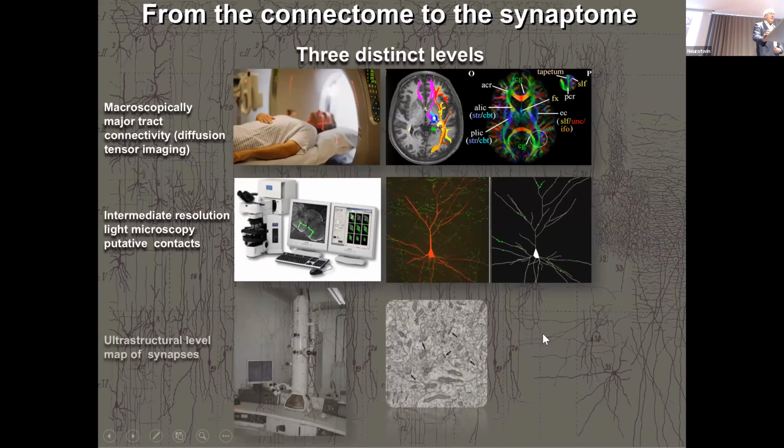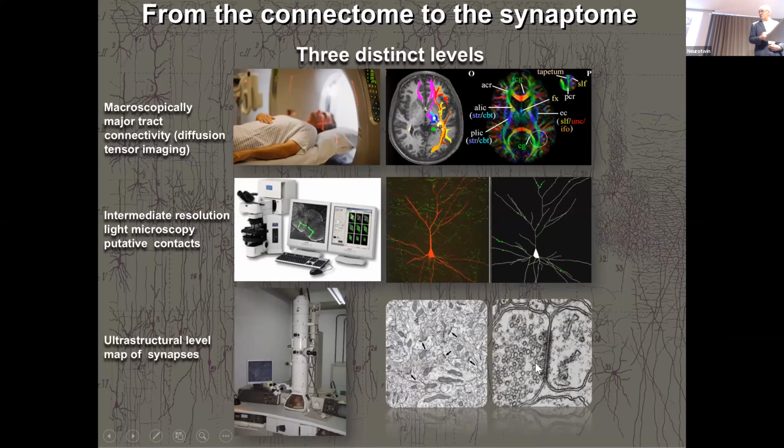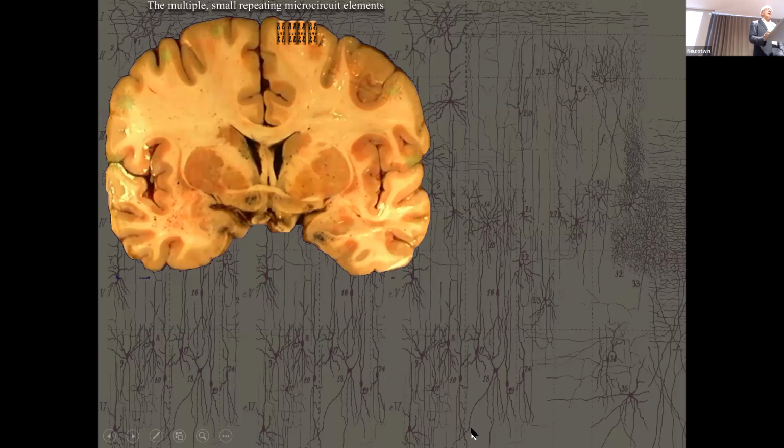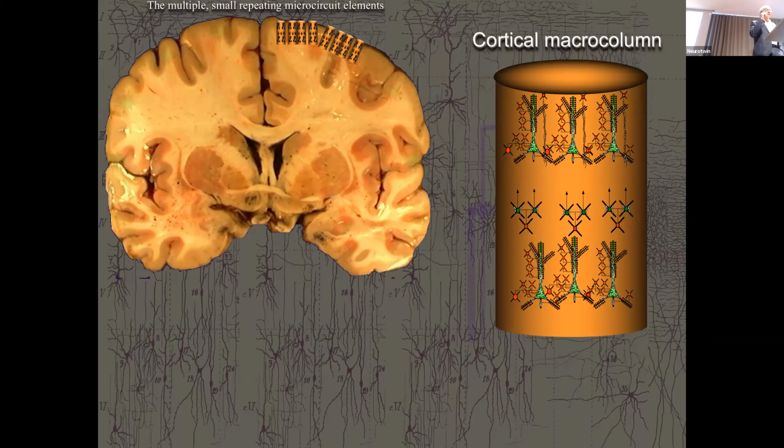And then we have the ultrastructural level map of synapses, which is the most difficult because it's a very nanoscale. So we will see that now we have very fantastic methods to analyze the human brain. Instead of using data from an experimental animal, we can use data directly from the human brain.